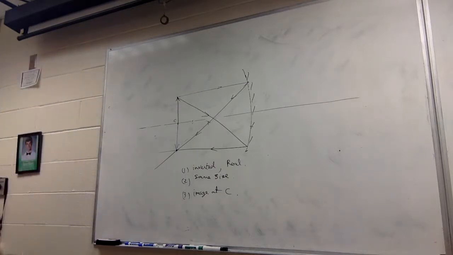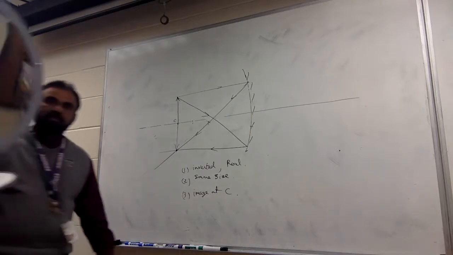To know where the center of curvature of this one is, what you have to do is this: keep an object in front of it and move it till the center of curvature is so far away.